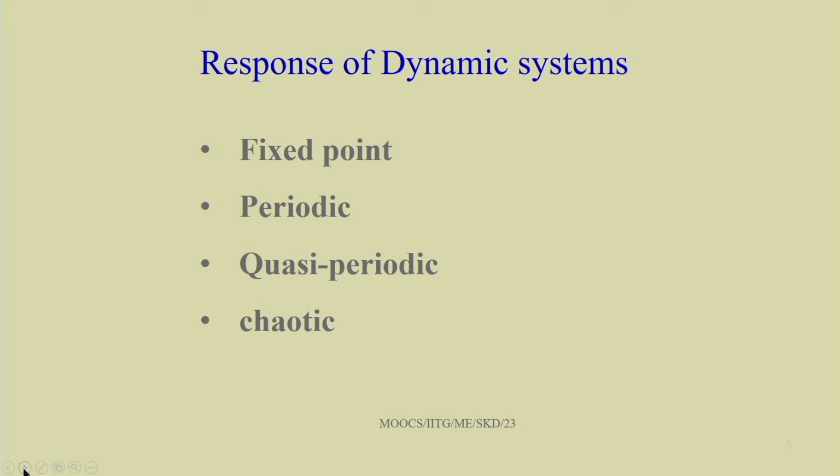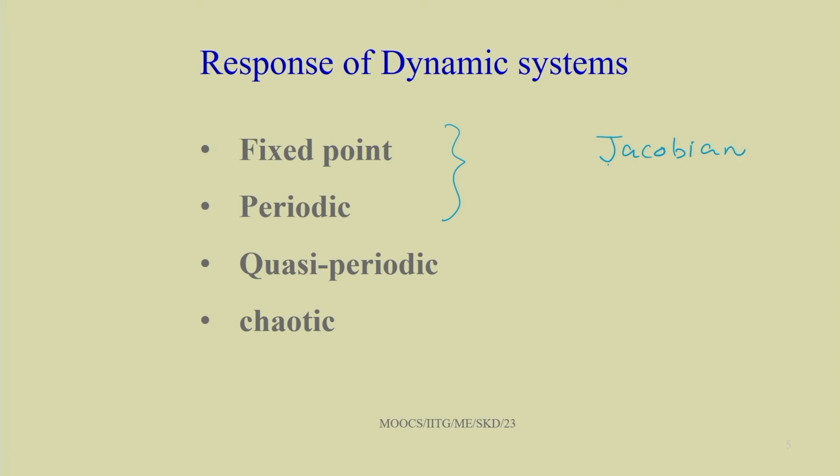So, these three types of responses, the fixed point and periodic response, we have already seen, and today's class in particular we will be interested to study the stability and bifurcation of periodic response. Already we know how to study the stability of the fixed point response by finding the Jacobian matrix.